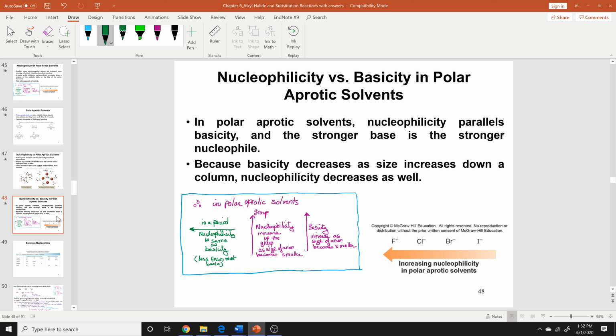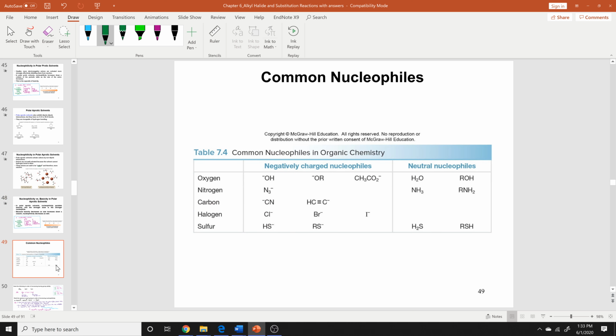In your homework, there are some problems where I'm asking you to arrange nucleophiles in an increasing or decreasing order of basicity, versus one solvent over the other. So you can use these tables. There are examples of oxygen nucleophiles and nitrogen nucleophiles.